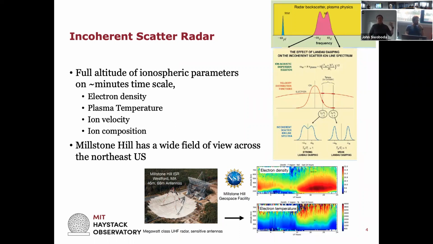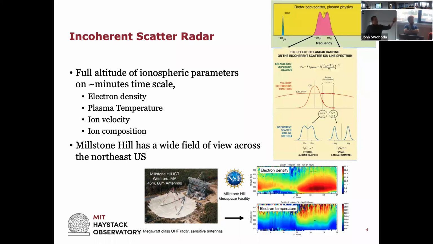For example, above around 250 kilometers you're getting mostly O+ ions. Below that, you're getting NO+ and O2+ ions. And so you have to adjust your fitting or your model based off of that.